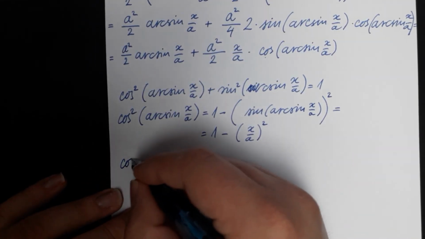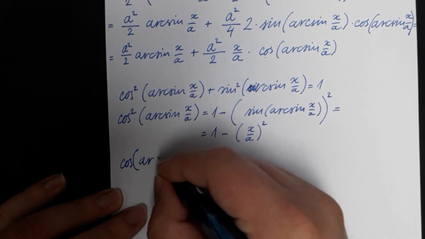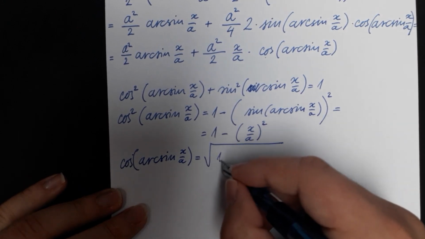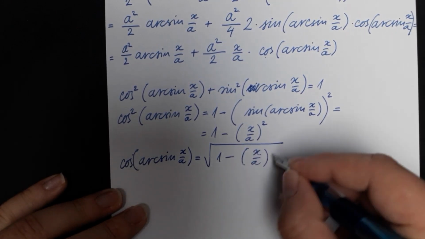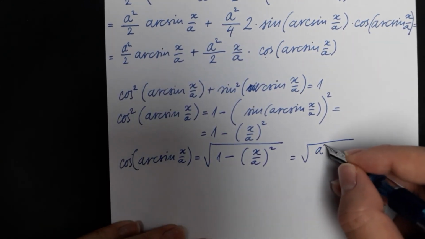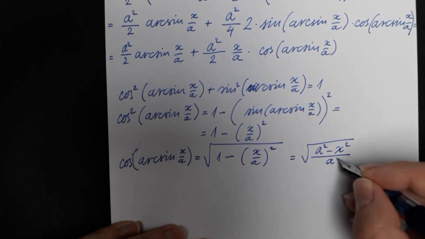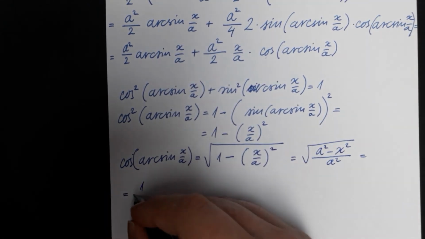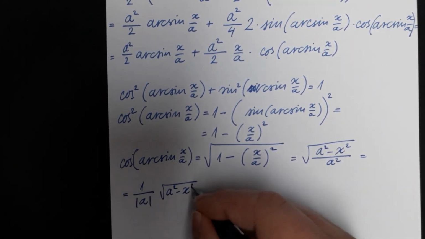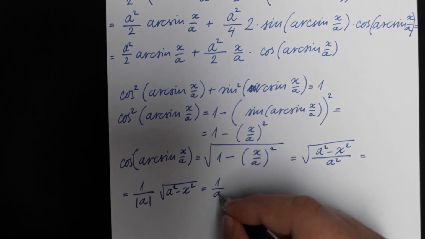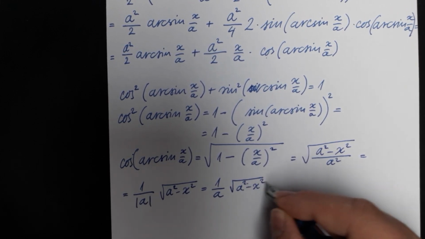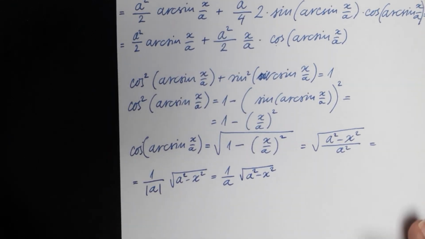Which then leaves us with the cosine of arcsine of x over a being equal to the square root of 1 minus x over a squared. This is then equal to the square root of a squared minus x squared over a squared, which is then equal to 1 over the absolute value of a times the square root of a squared minus x squared, which is then equal to 1 over a, because a is a positive number, times the square root of a squared minus x squared.